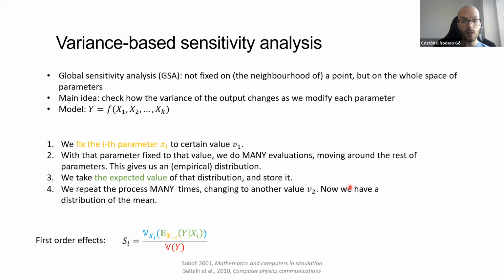We repeat this with the same parameter but at a different value, and repeat all these steps several times, as many as possible. Then we can compute the variance, and we just normalize over the total variance. So these first order effects will vary between 0 and 1. If it's 1, it means that changes in that input parameter are what is driving the variance in the results. If it's close to 0, it means that it doesn't have that much effect.